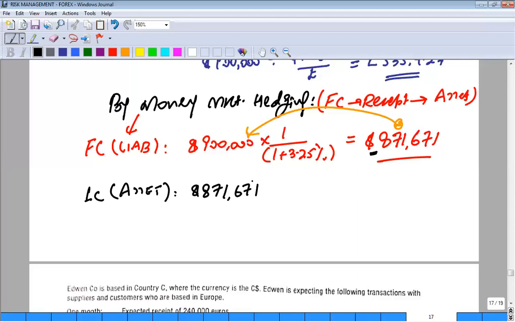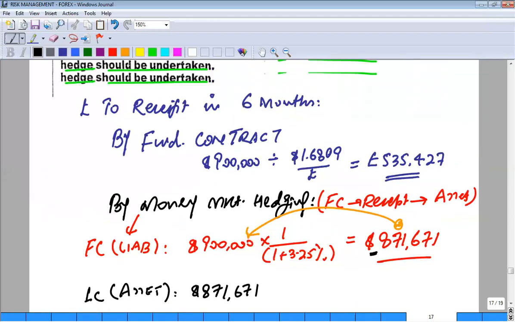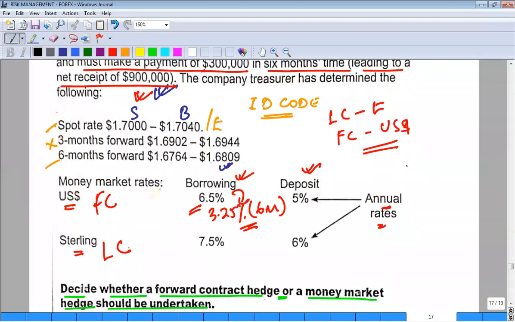We have 871,671 dollars. What to do? Now we have to sell it and deposit it, at least in the foreign currency account. We will sell in the spot, and the bank will buy. In the indirect quote, the lower one is selling and the higher one is buying.